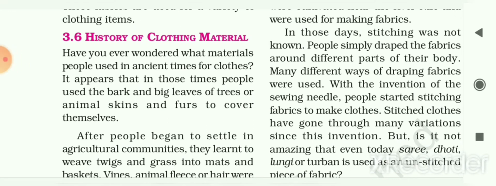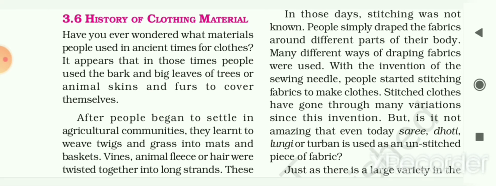So now let me see the history of clothing materials. Have you ever wondered what materials people used in ancient times for clothes? It appears that in those times people used the bark and big leaves of trees or animal skins and furs to cover themselves, as we had seen in the first video.